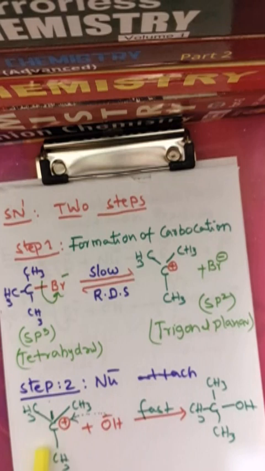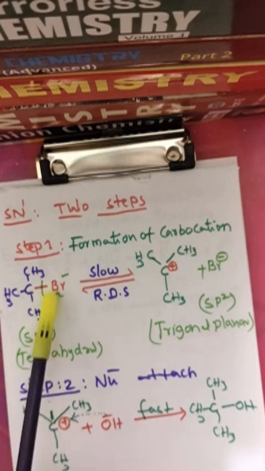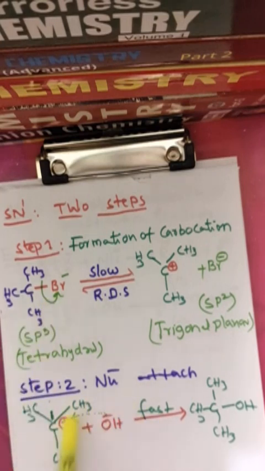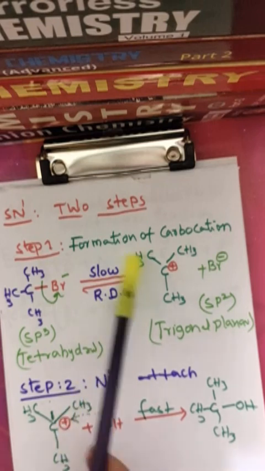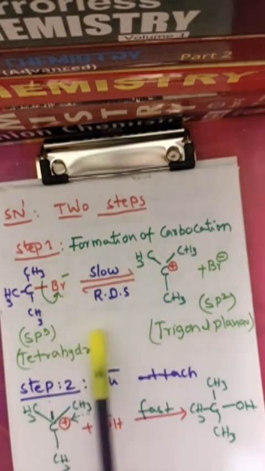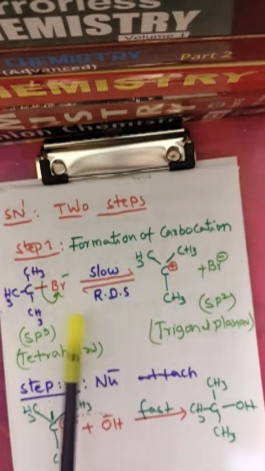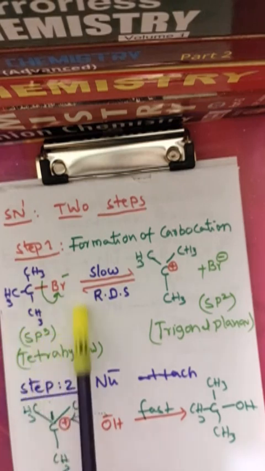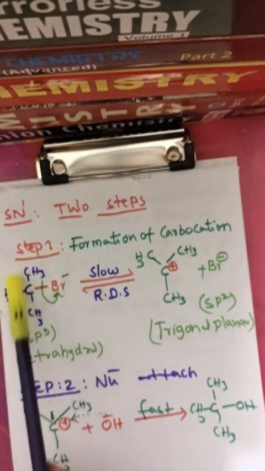Here we have the trigonal planar carbocation, tertiary 3 degree, and this is the nucleophile. The nucleophile will attack. In step 1, no need of any nucleophile. So in this reaction, the rate will be determined in the slow step only. No need of any nucleophile. So the rate determining step has only one substance.